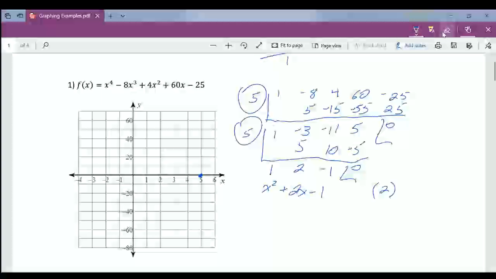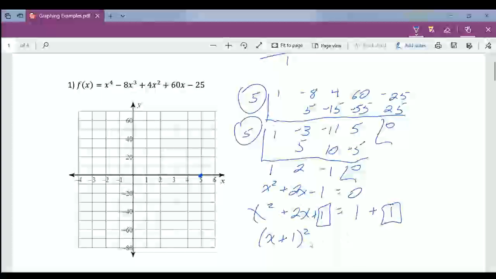Actually, no. Why don't we do completing the square since we can. This is an even number and it's a monic, so we can go ahead and do that. We're going to make this x squared plus 2x equals 1, plus box, x plus half of 2 is 1. 1 squared is 1.